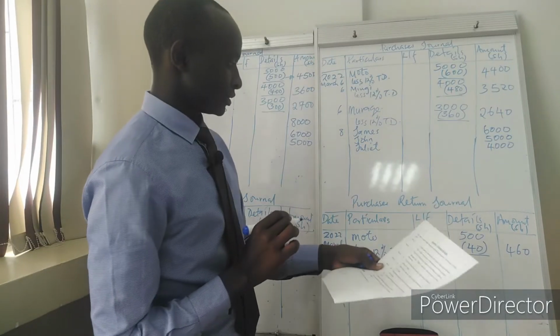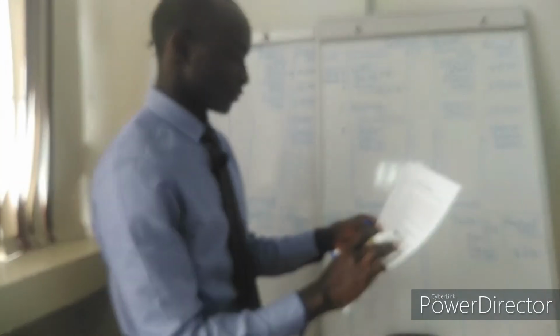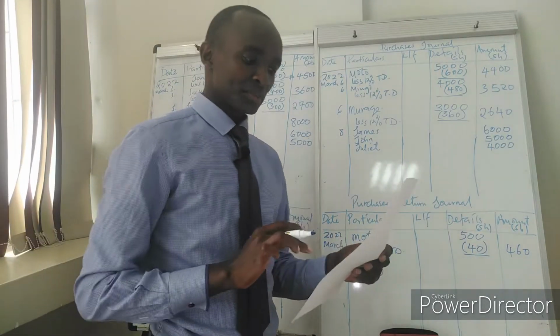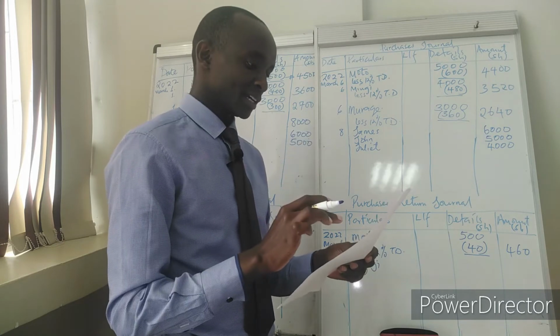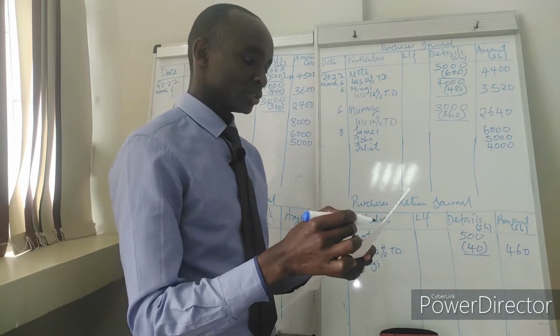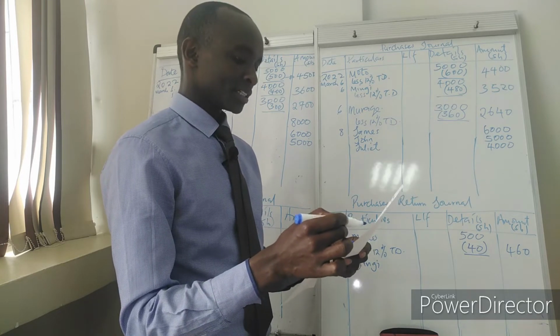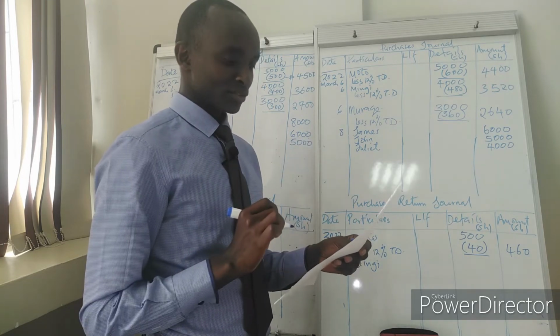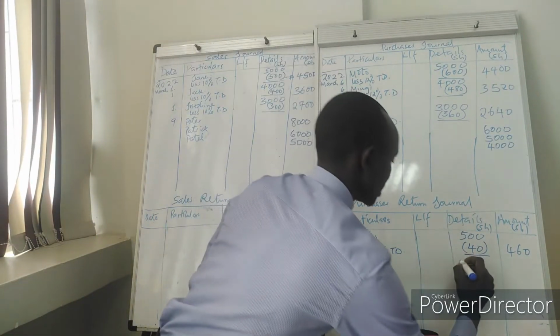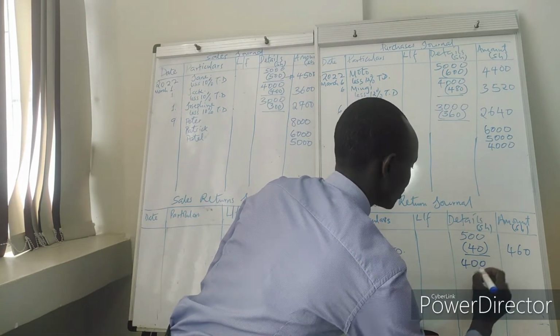Before you decide where to write the figure of 400, either on details or amount column, you ask yourself, did Mwangi allow discount to Mike Mickey? We move to where Mwangi had sold goods to Mike Mickey. So Mwangi had sold goods to Mike Mickey, but there was an adjustment of 12% trade discount. So you're going to write the 400, goods worth 400.